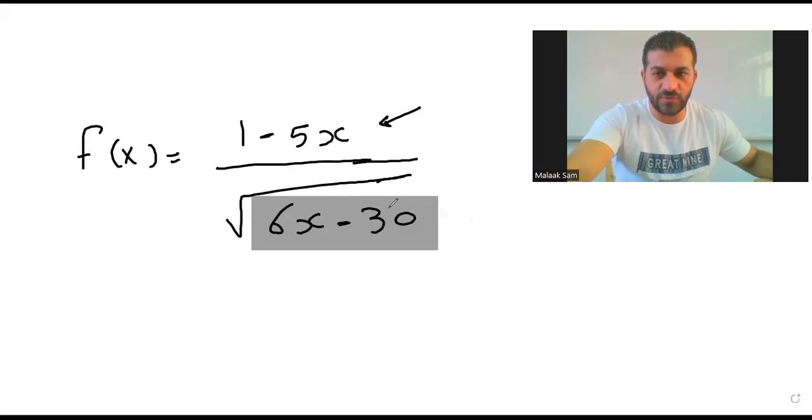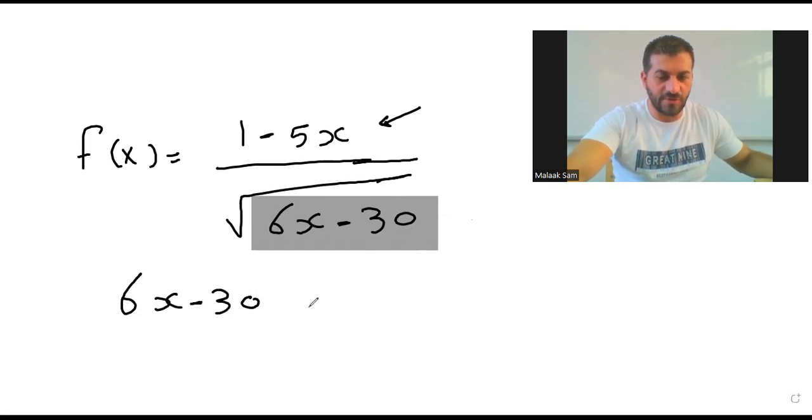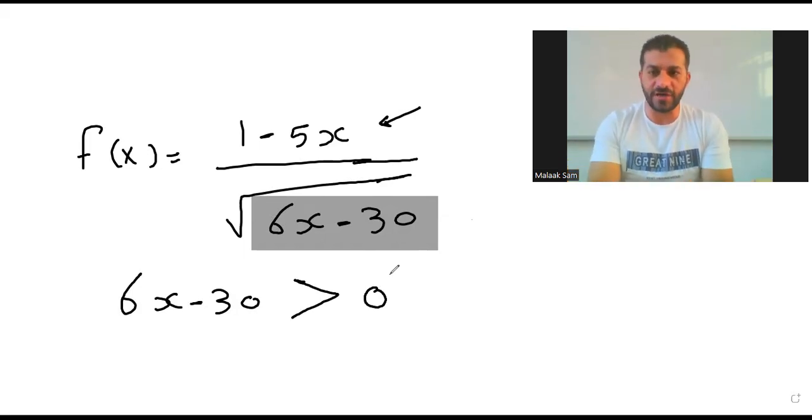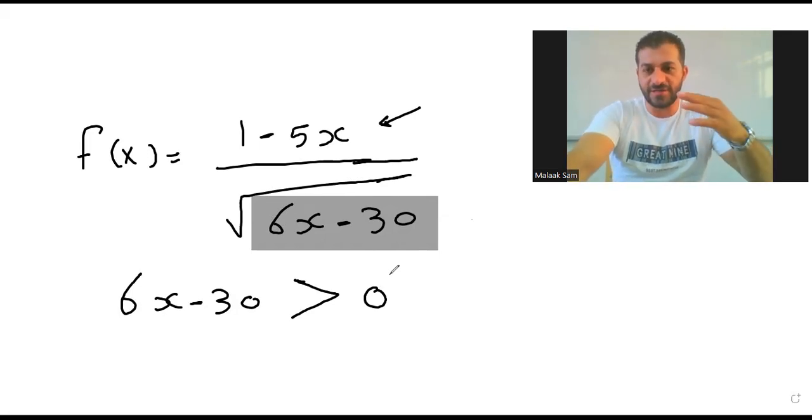In this case, we can find all square roots except negative values. So 6x minus 30 must be greater than 0, not equal to 0. Why? I couldn't write more than or equal to 0 because 6x minus 30 is in the denominator.